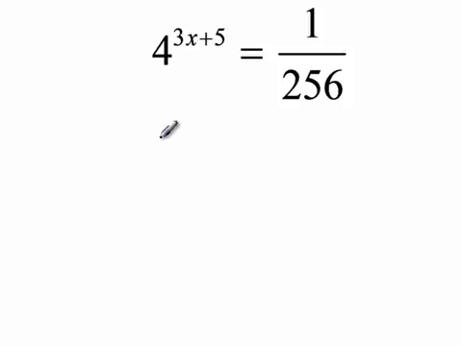So I have 4 to the 3x plus 5, and that is equal to 1 over 4 to the fourth, because 256 is 4 to the fourth. Those bases are still not the same.